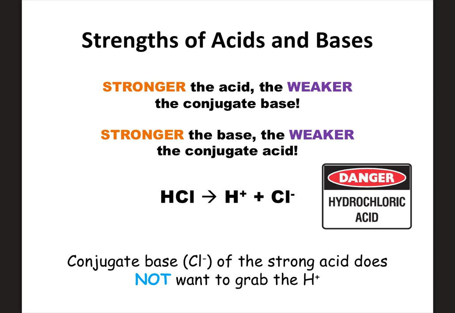This conjugate base is much weaker. It doesn't grab the H+ and reform the HCl. And the reason it doesn't do that is because the HCl is strong, so when you form the conjugate, it's going to be much weaker here. So just be aware of this idea. It definitely can be helpful to understand this in certain situations.